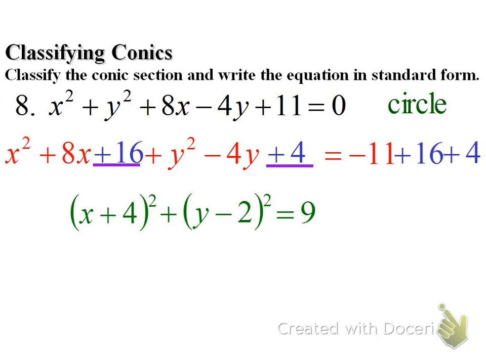Negative 11 plus 16 plus 4 is 9. What is the radius of this circle? 3. Where's the center? It's whatever they're subtracting from here, so negative 4 and positive 2.